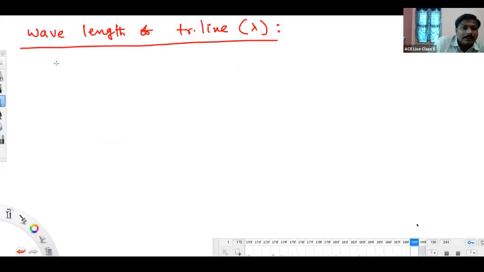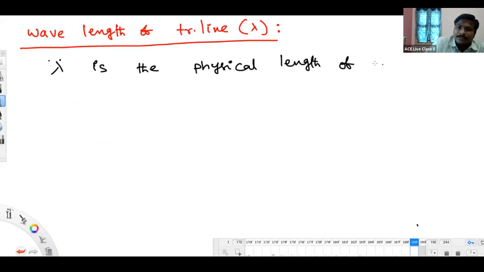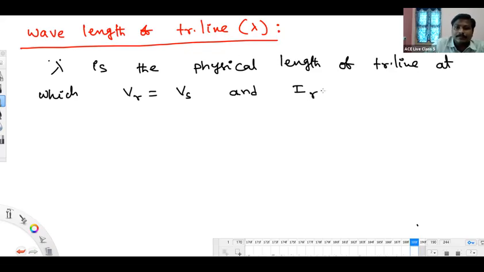So lambda is the physical length of transmission line at which receiving end side and sending end side quantities, currents as well as voltages, are equal: VR equals Vs as well as IR equals Is.